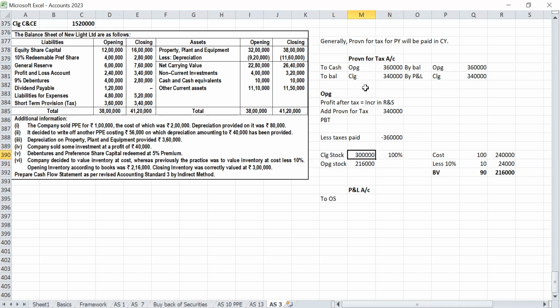Closing stock at 100% and opening stock at 90%, we cannot compare here. Problem comes. Correct? So what should I do? I should convert this to the original 100% cost. I have converted it into 2,40,000. So stock value will increase. Stock value will not be taken as 2,16,000, but 2,40,000.